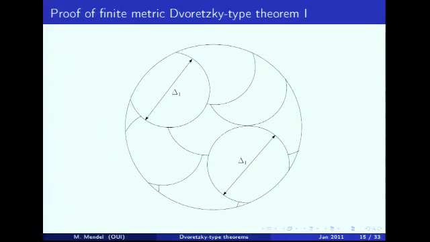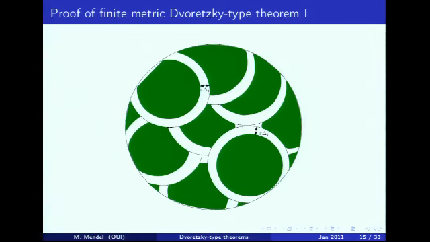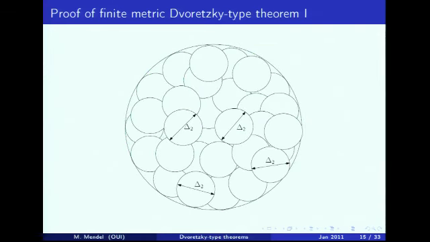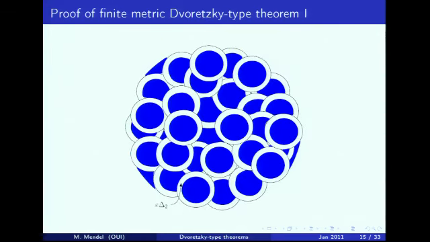And now in this partition, we take only the points that are padded away from the boundary of the partition, epsilon bounded away from the boundary. Now we take another scale, delta 2, and we do the same. Take points that are epsilon delta 2 bounded away from the boundary.